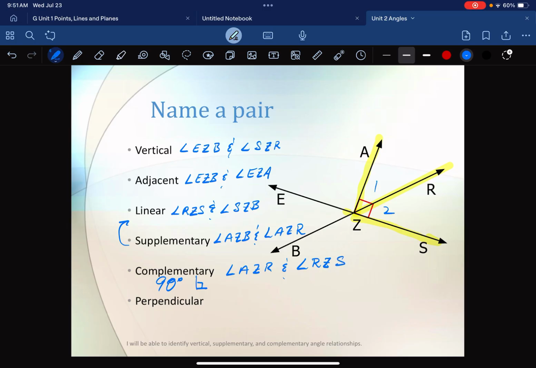And those are complementary. Well, then perpendicular doesn't refer to angles, it just refers to a pair of segments, lines, rays. And so it's the two that form that right angle that we were just naming. So the right angle in this case is this one, and these are the things that form the right angle.